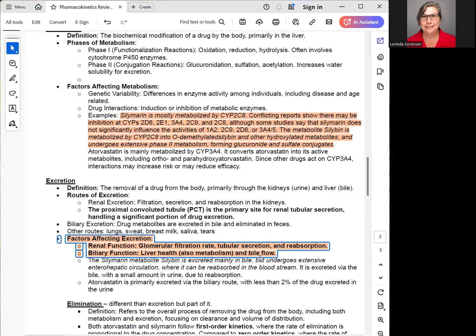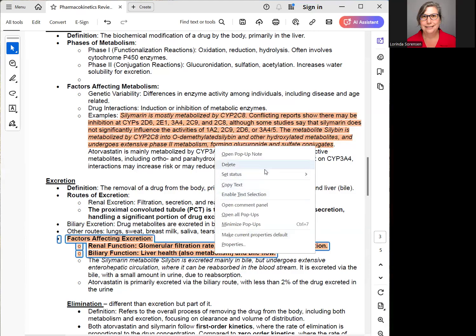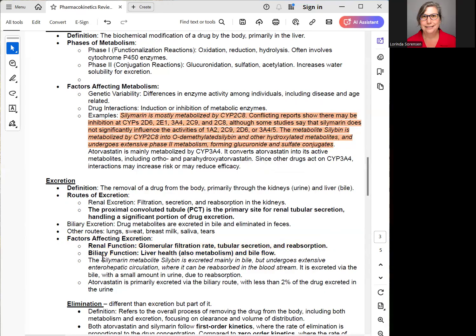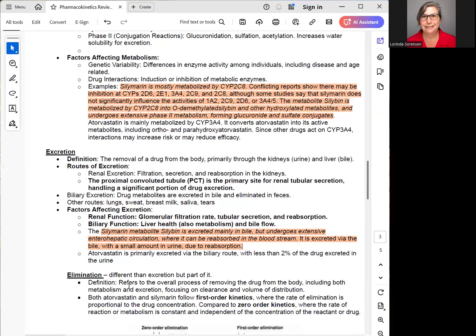So this is where a little tidbit. Silibinin is excreted in the bile, but undergoes extensive intrahepatic recirculation, could be resorbed in the bloodstream. So how often, how many times does that happen? Super cool.